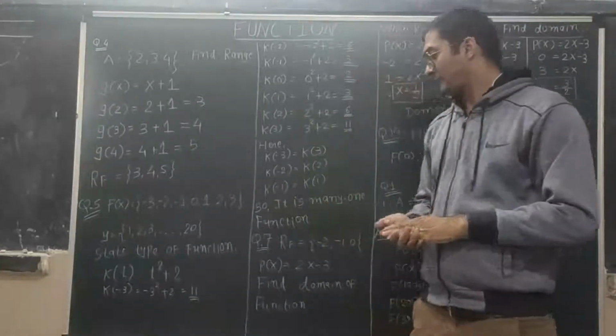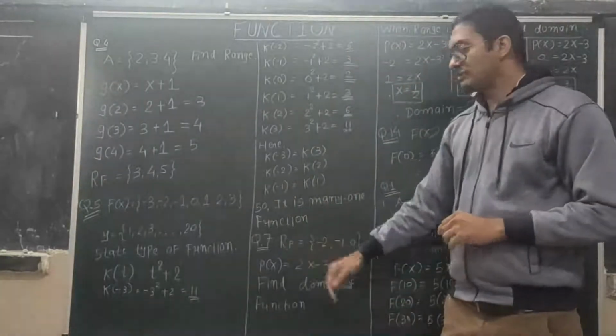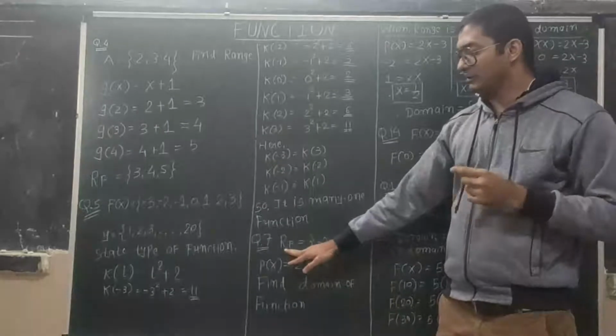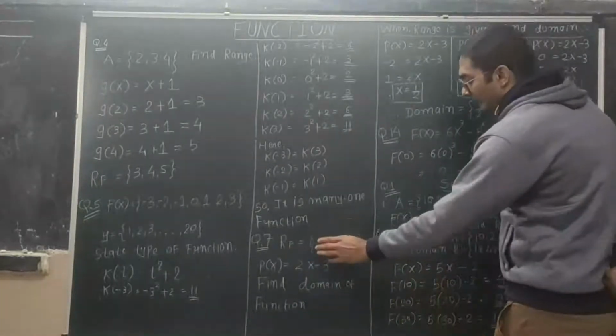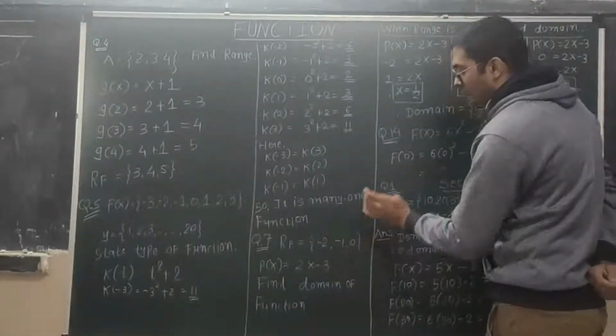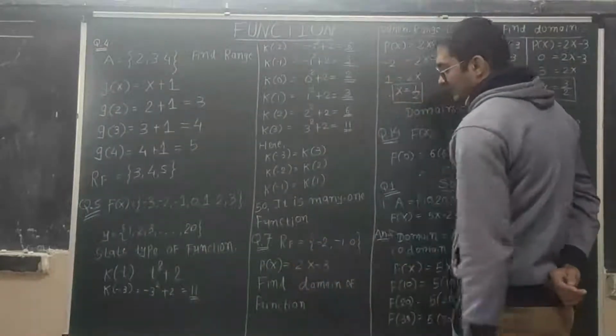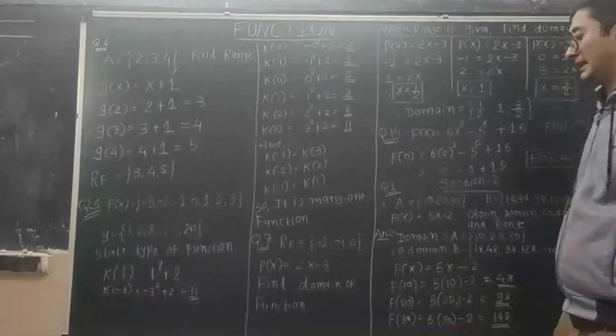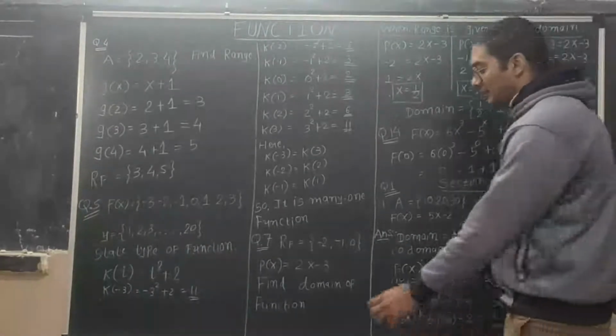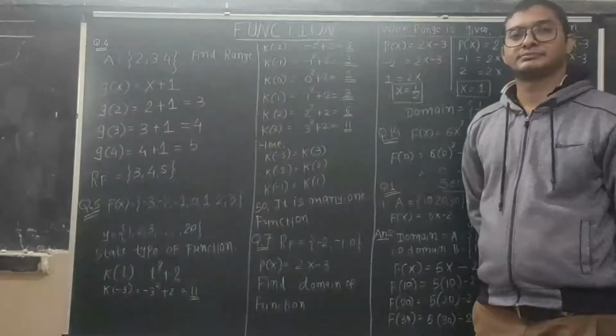The third one is where the range is given, because R_f stands for range. The range is given as -2, -1, 0, and P of x is equal to 2x minus 3. Find the domain of the function.